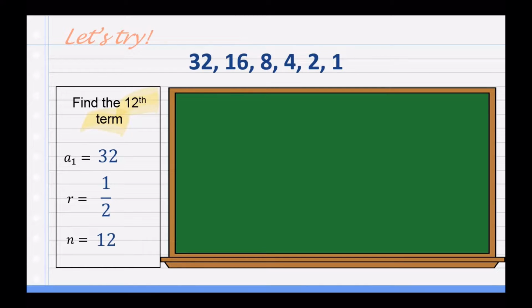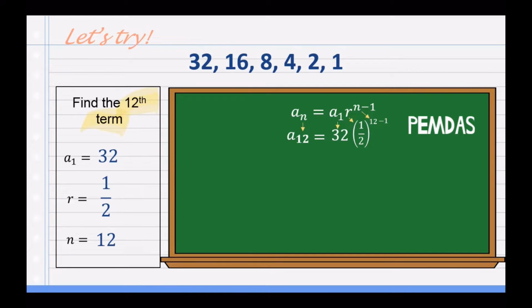So let's substitute these values into our formula. Since we are trying to find the 12th term, our a sub n now would become a sub 12, then substitute 32 to a sub 1, 1/2 to r, then 12 to n, and then we just have to copy minus 1.